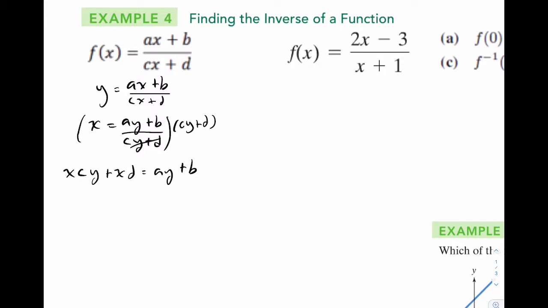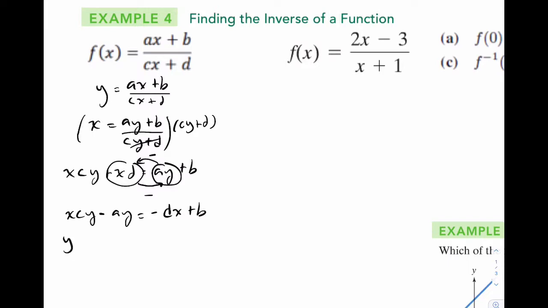Let's put the y's together. We're going to move this over there by subtracting. And we're going to move this over here by subtracting. And again, that's because I want to get my y's together. So now I have x cy minus ay. That's equal to negative dx plus b.